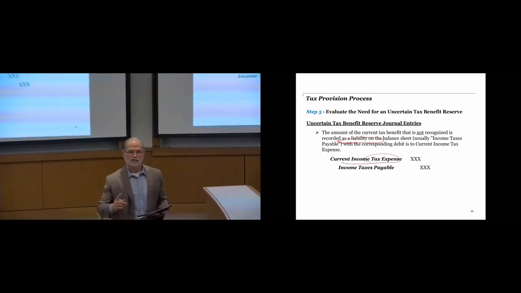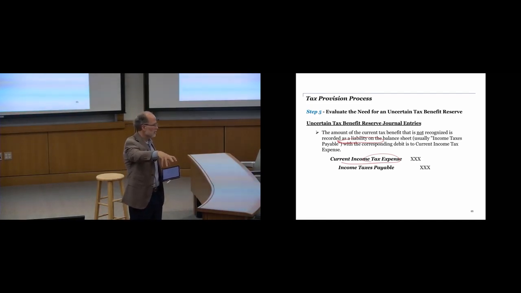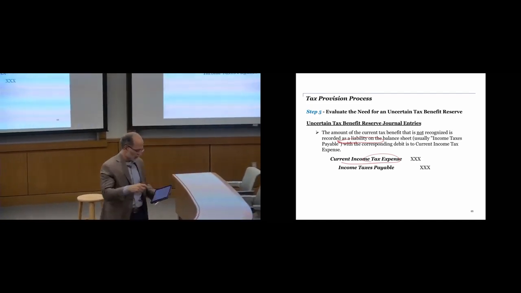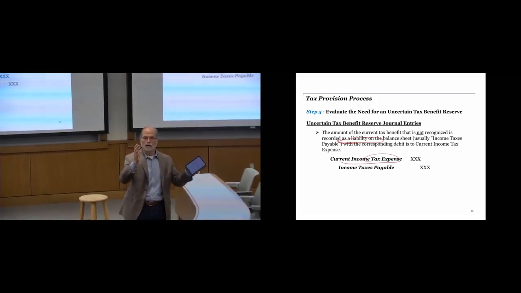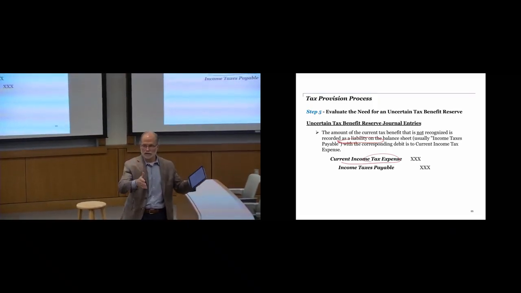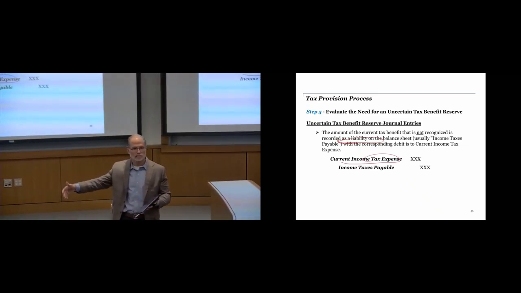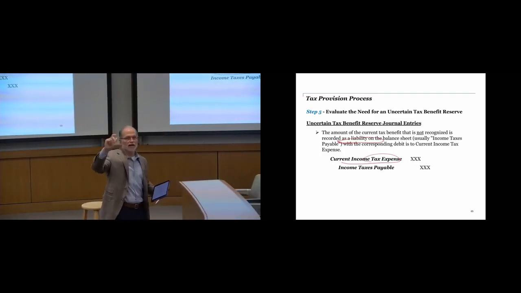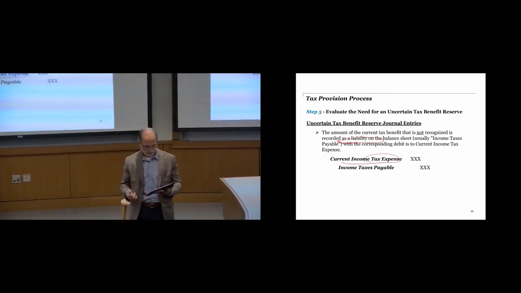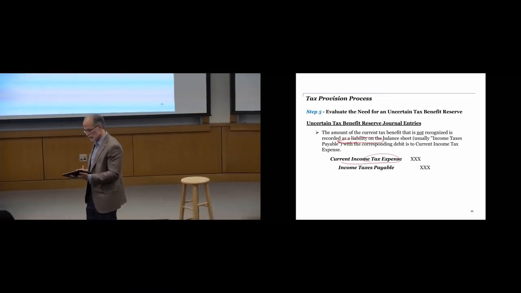Because say you drop that $500,000 on the tax return, if you didn't get to record all of the $500,000, what you've got to do is increase your current tax expense by debiting it, and then you have to increase your current tax payable, because you're providing that you might have to pay more in the future. Okay? So that's the journal entry that you would do if you were doing tax benefit.